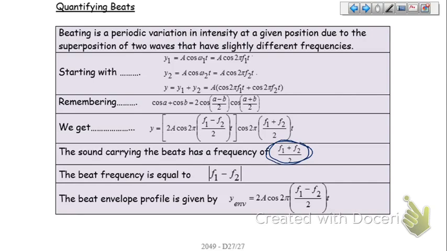The beat frequency is a modulation of a hum. It gets loud and soft. That is the difference between the two frequencies. I don't care so much about the profile of the sound. These are the two I really want you to get the idea of.